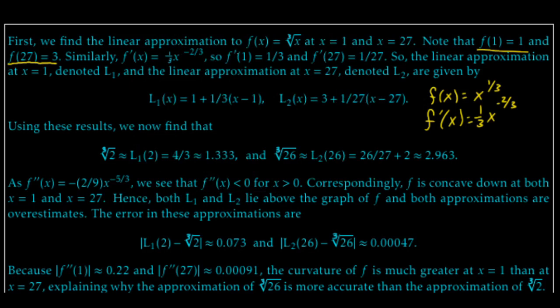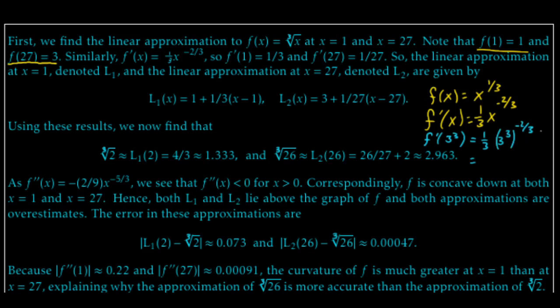So f prime of 1 is going to be 1/3 since 1 to the negative 2/3 is still just 1. And f prime of 27 will be 1 over 27. So if you want to see this, f prime of 27 is just 3 to the third. What I'll get out is 1 over 3 times 3 to the third to the minus 2/3. Now, what's going on here?